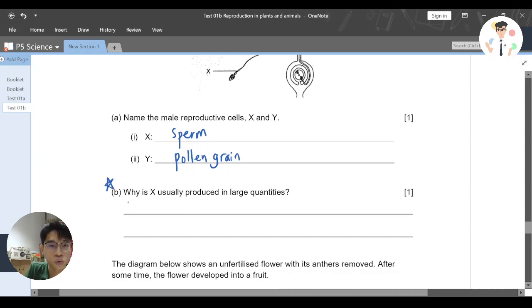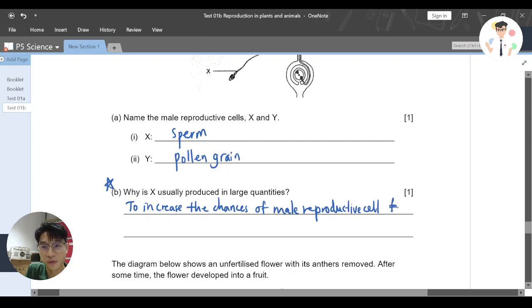Again, why? To increase the chances of the male reproductive cell fusing with the female reproductive cell during fertilization.